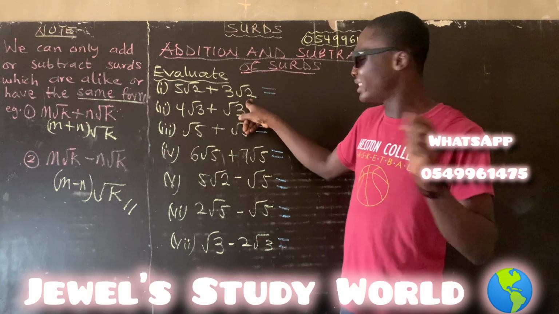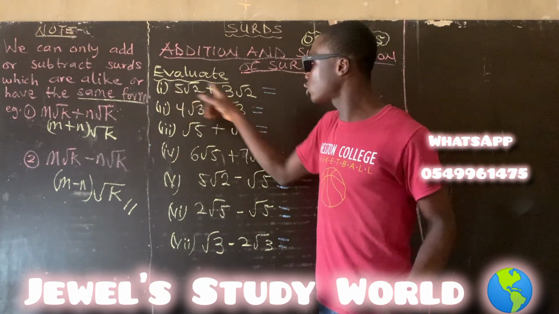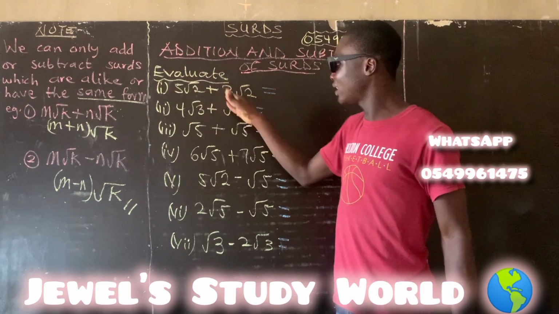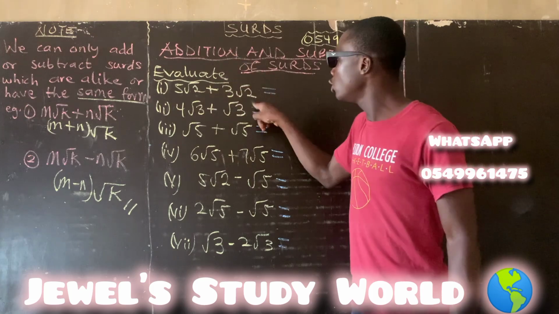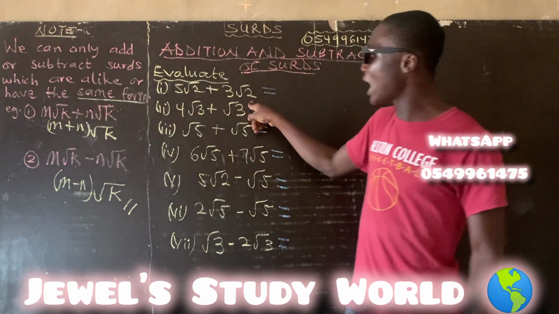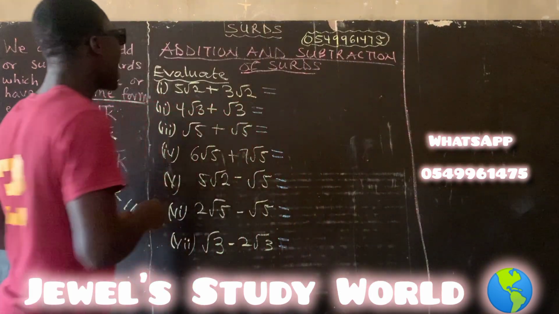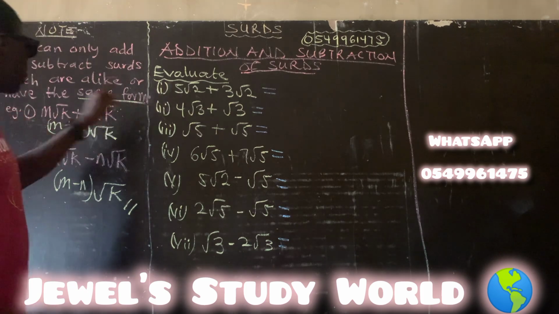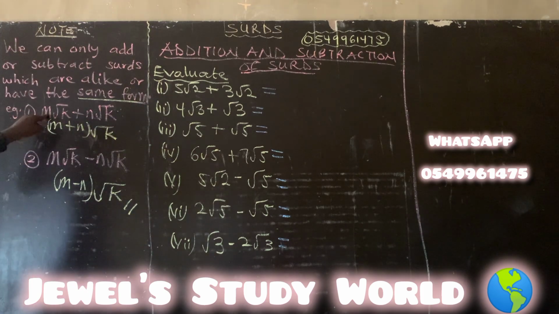I said that the numbers in front of the square roots can vary. So 5 and 3 vary, but the 2 must be of the same form. So how can we add this? Note, refer from here: m root k plus n root k. We added the m plus the n, then we gave it just one root k.